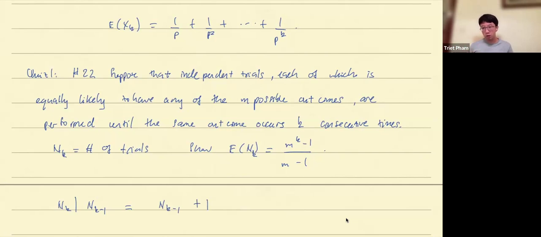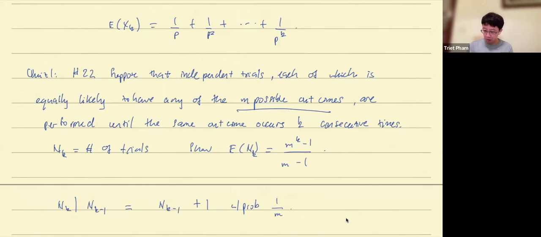It will take only one more trial with what kind of probability? 1 over m, because there are m possible outcomes.